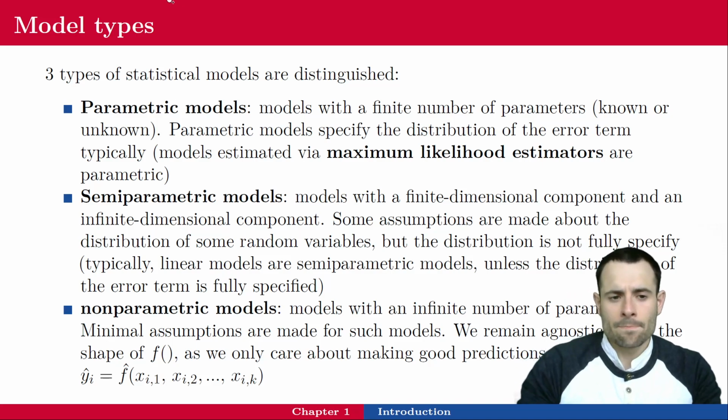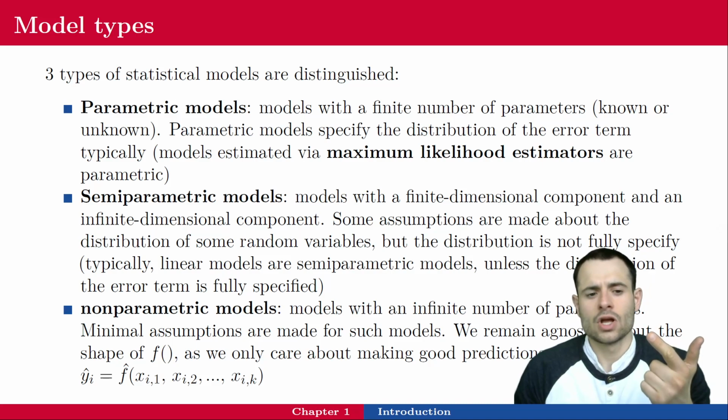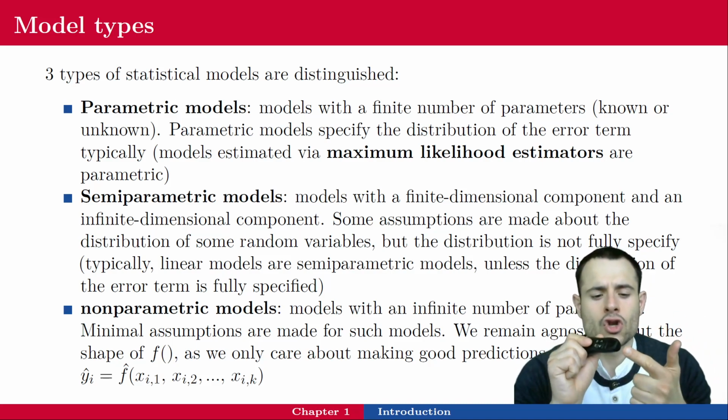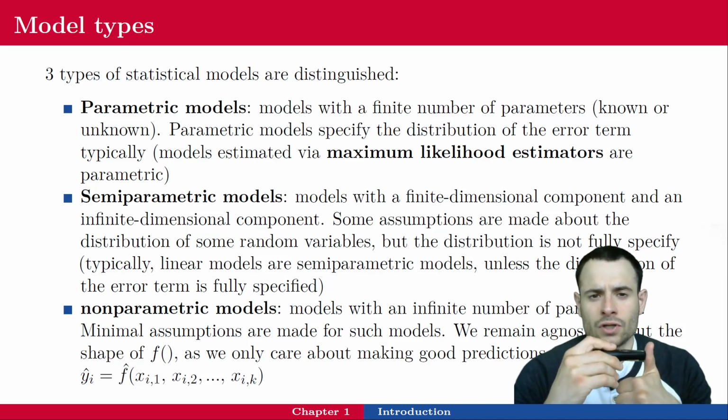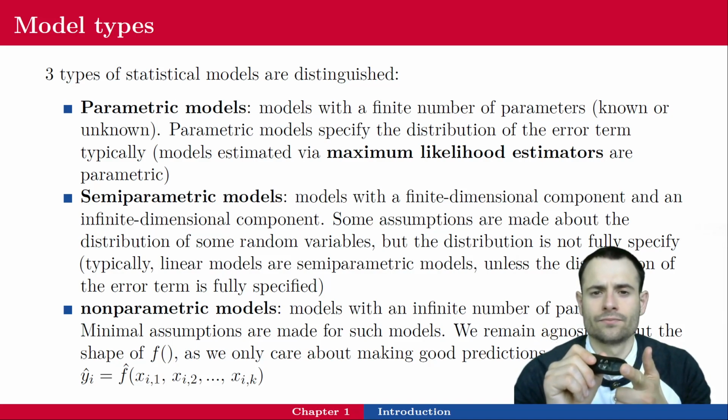So, parametric model has functional form and full distribution. Semi-parametric model has functional form but not the full distribution. And non-parametric model has not the full distribution and no particular functional form.